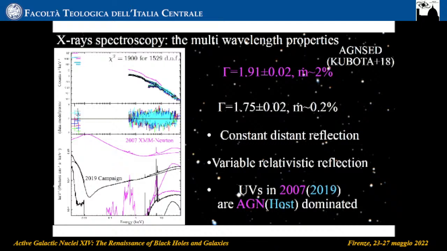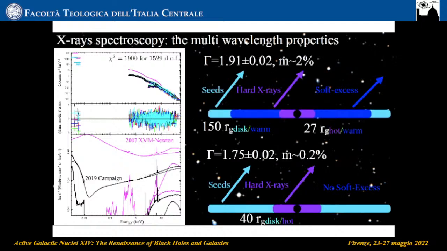Here it's more flat, it's softer, and then there is no soft excess. Here there is a soft excess, and the UV here is mainly driven by the AGN, while in this other case, we needed to add a galaxy template.